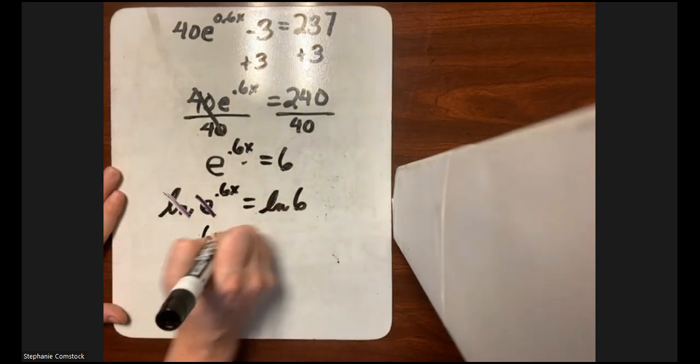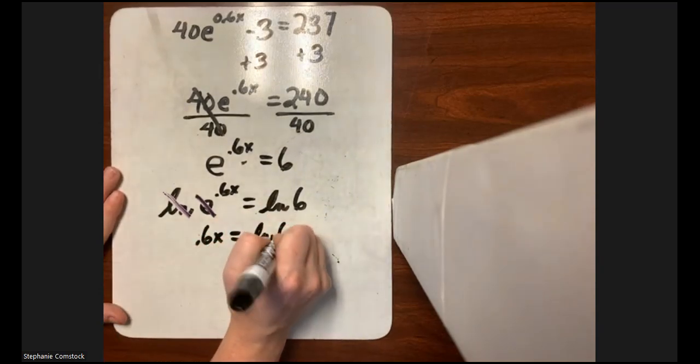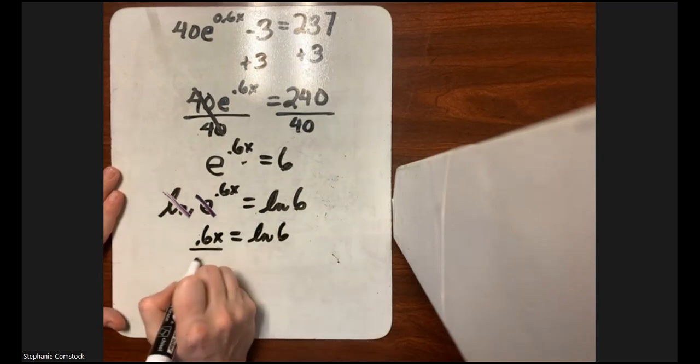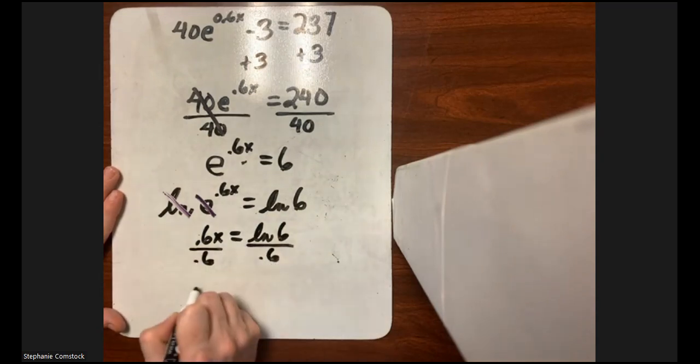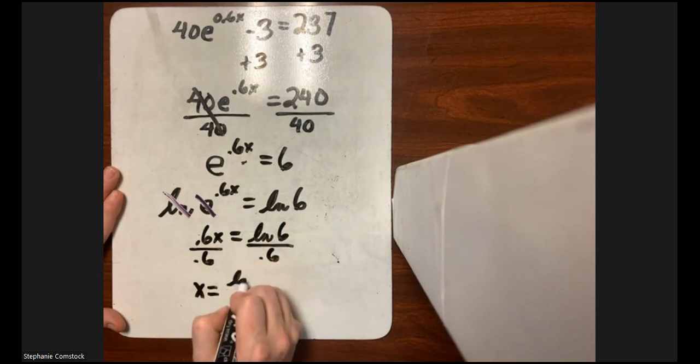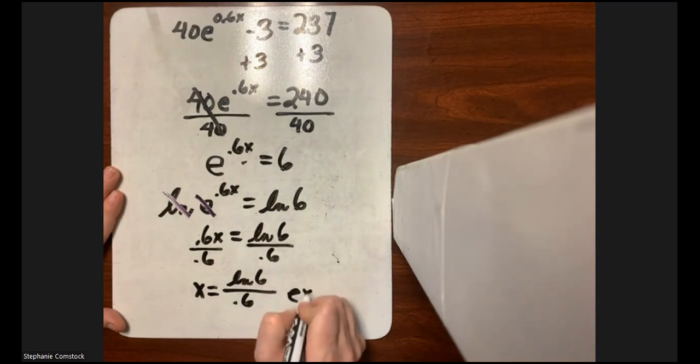So I have 0.6x, natural log of 6, divide by 0.6, natural log of 6 divided by 0.6. And again, there is my exact.